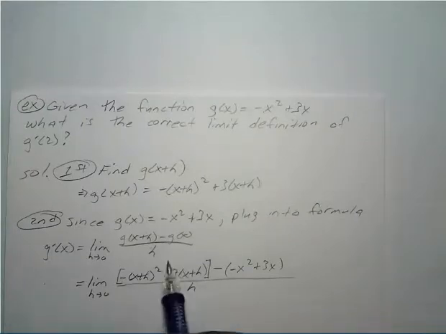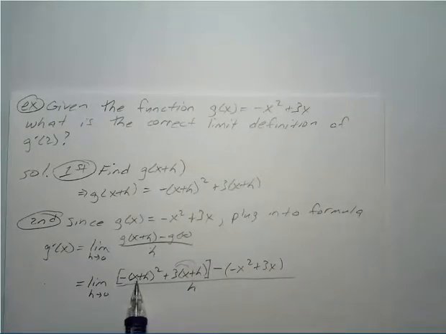Alright, just for this one, we're going to simplify it because this is a little more than we need it to be. We're going to go ahead and just distribute the 3. We're going to leave the x plus h squared there.